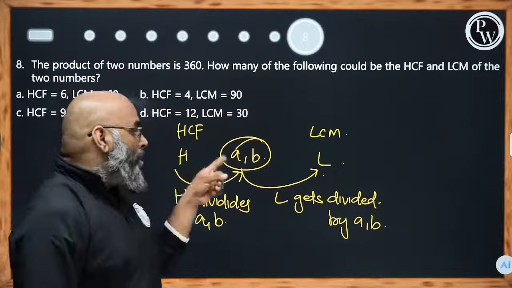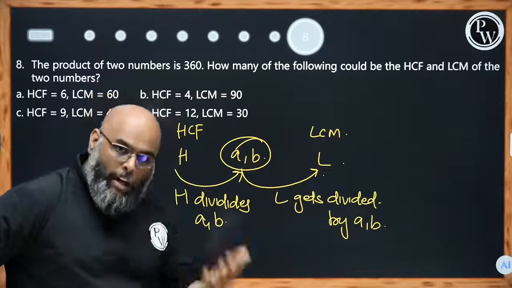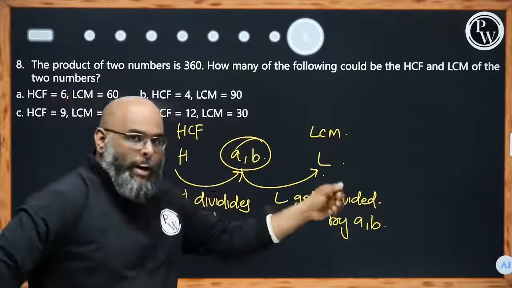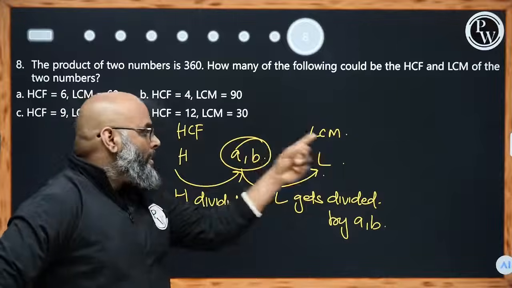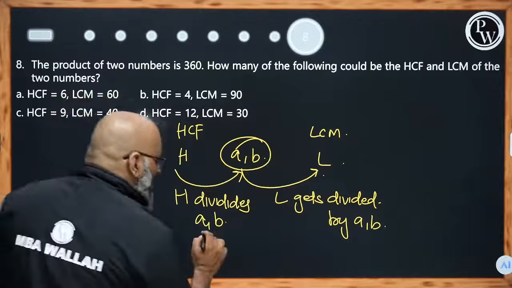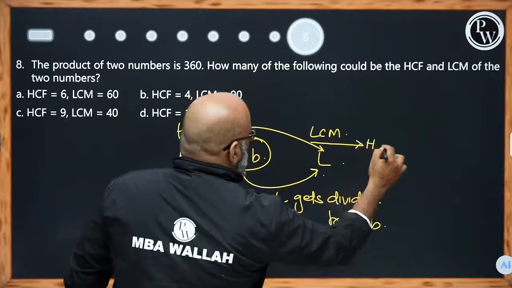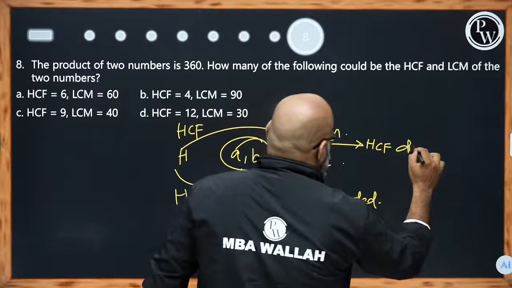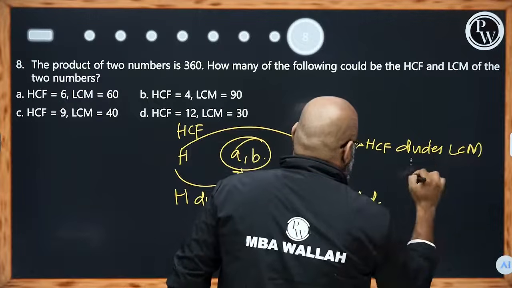H can divide both A and B. Both A and B can divide L. Clearly I know that H will divide L, right? The HCF of any set of numbers is always a factor of LCM. Now from here I can clearly say HCF divides LCM perfectly.